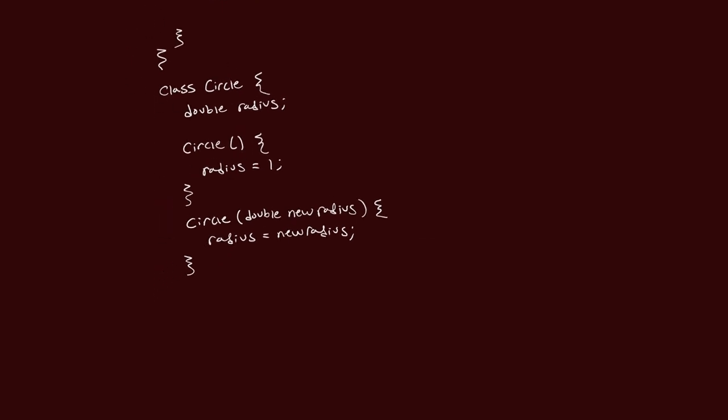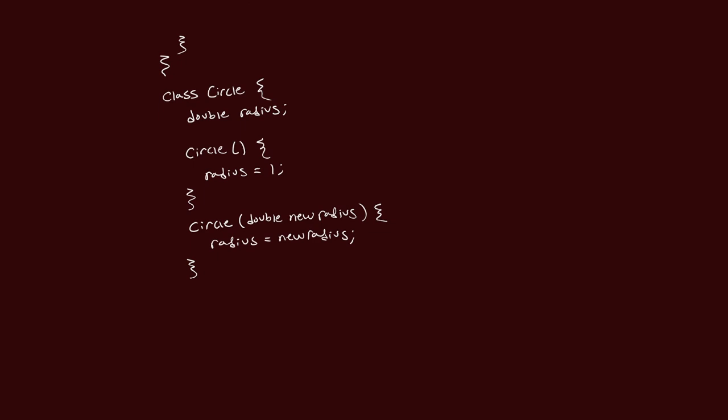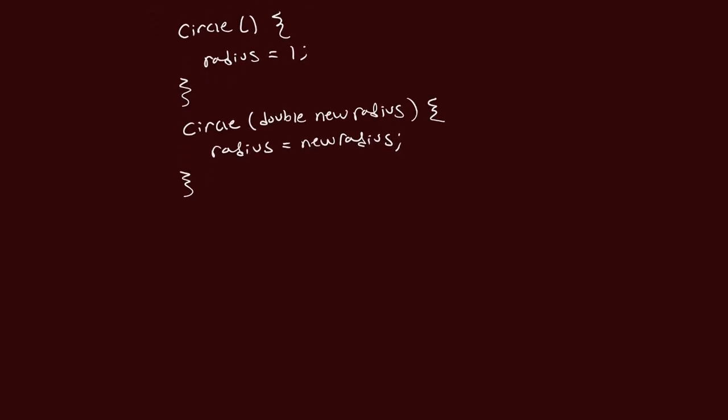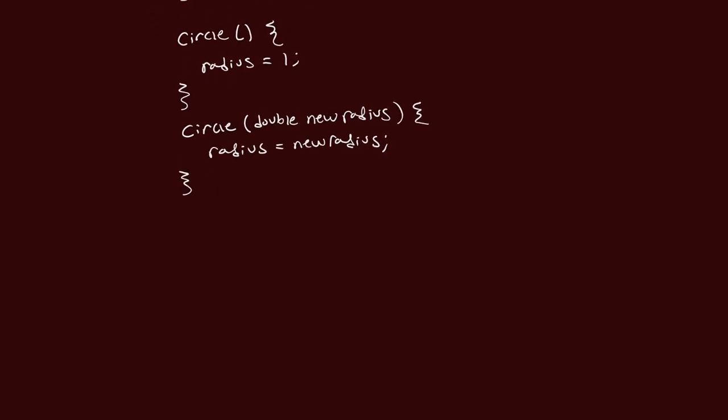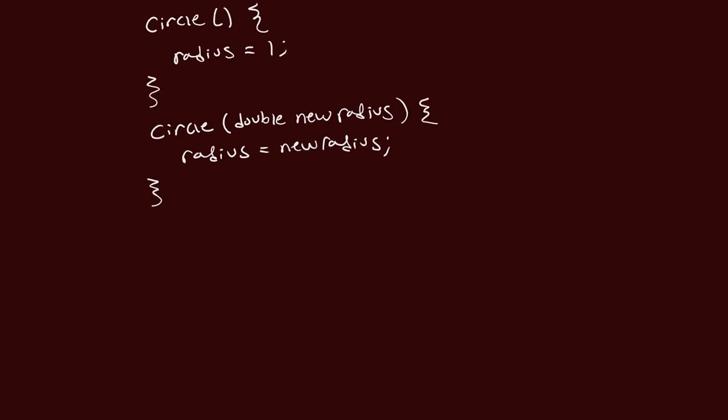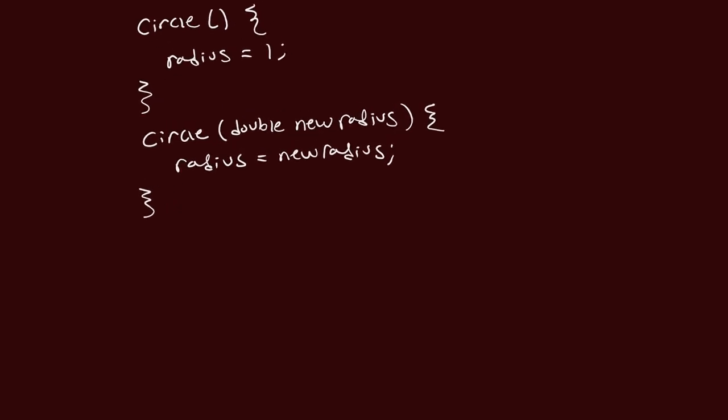So next thing we're gonna do is create a few getters and setters. Let's say we want to change our radius later on. What we would do is set up a setter, which let's call void setRadius.